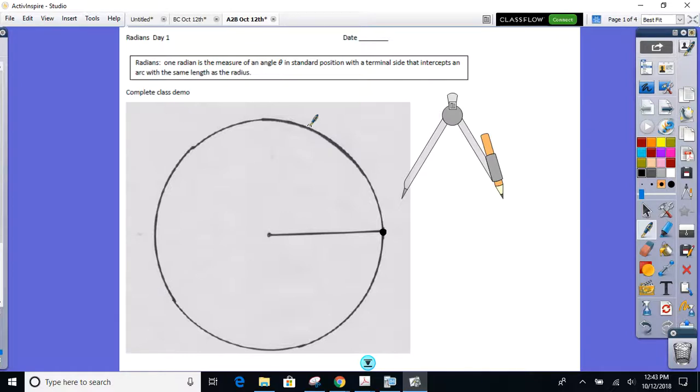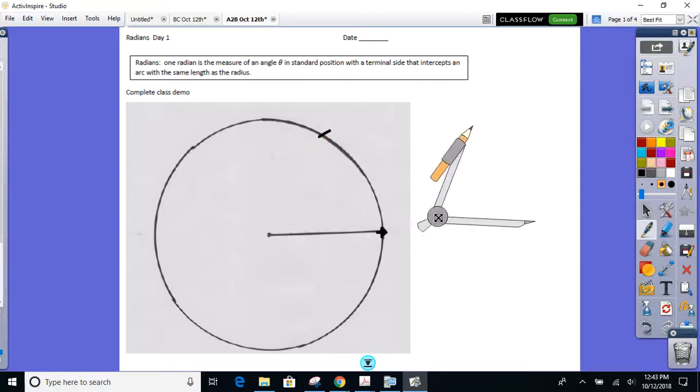Okay, see what I mean? So put your string along the arc and make a mark where it ends. Okay, where's your radius length string?